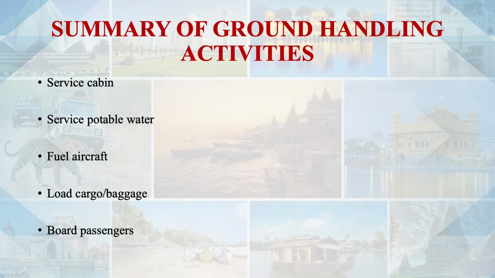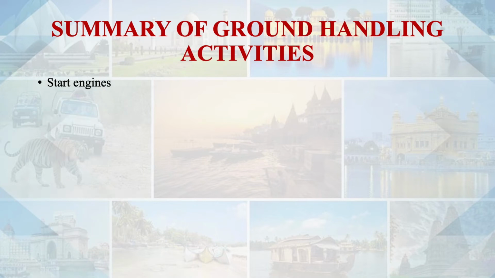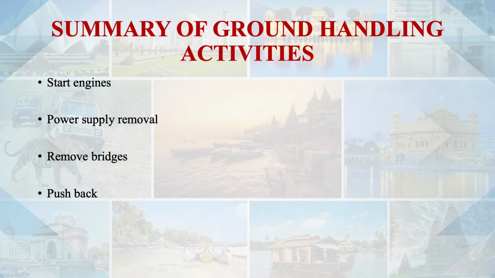Cargo and baggage loading is next activity. Then engines will be started, power supply will be removed, then bridges will be removed. Then pushback activity. Pushback is very important. Usually there will be a tractor kind of vehicle. It will be connecting to the flight, and it will push the aircraft back until it reaches the taxiway.